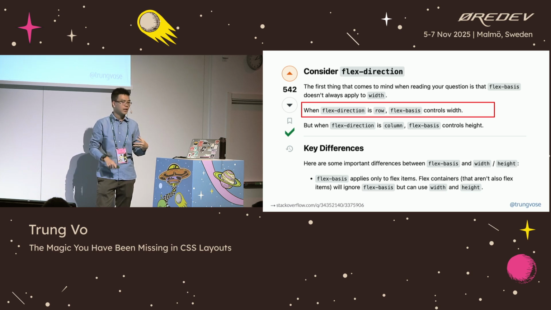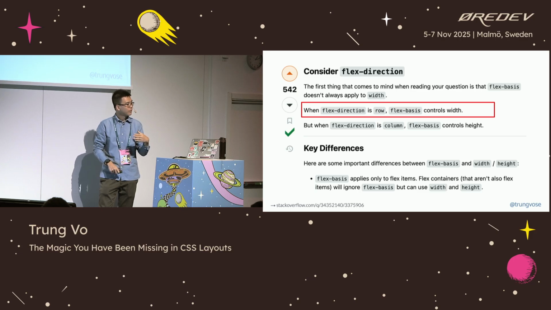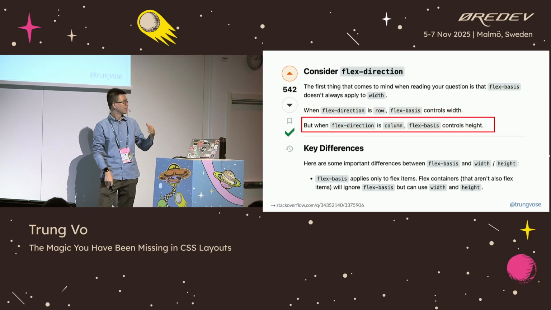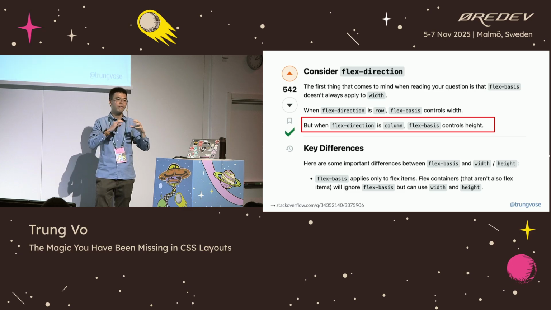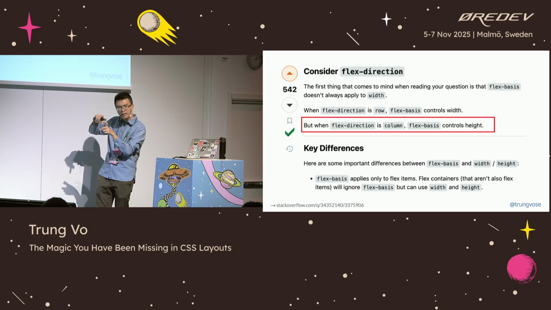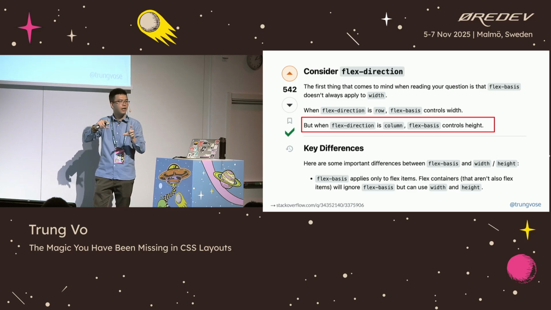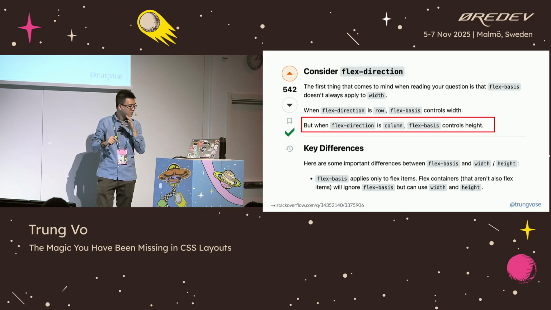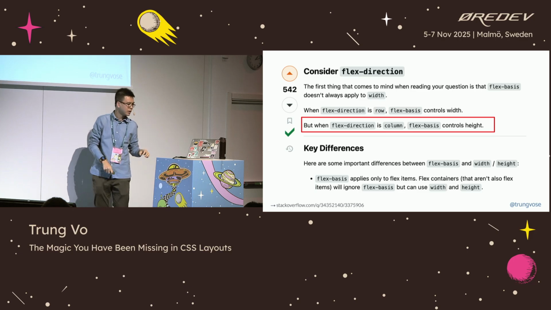Nothing more than that. But if it is a column direction, then it behaves like height. So it's not fixed to width. That is the important detail. There are a bit more nuances in how flex basis works, but that is what you should remember from it.